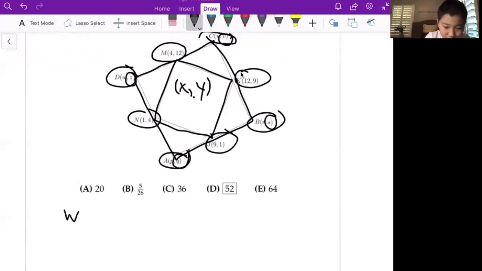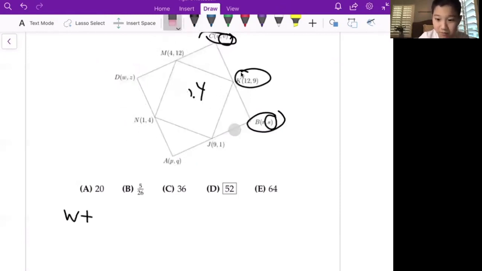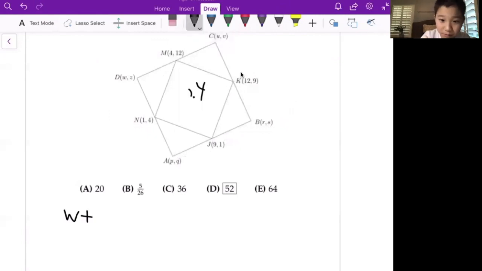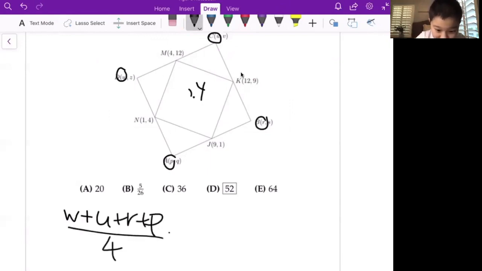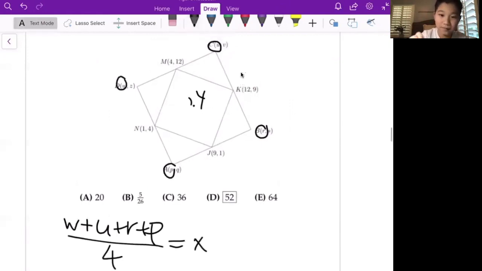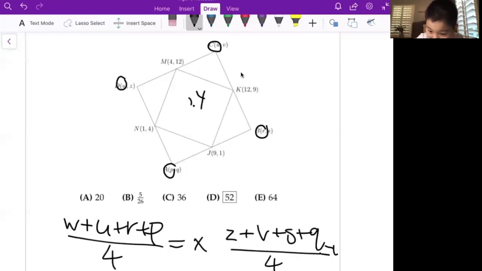So we have w, which is this, plus u, which is this, plus r, which is this, plus p, so w plus u plus r plus p over 4 is equal to x. And then z plus v plus s plus q over 4 equals y.